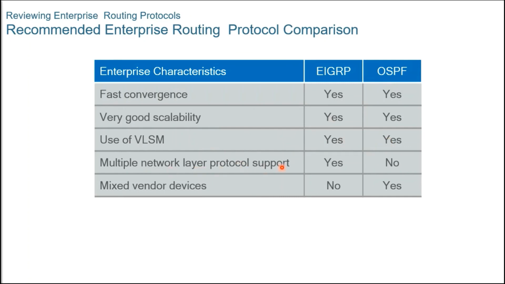Multiple network layer protocol support: EIGRP, yes; OSPF, no. Mixed vendor devices: for OSPF, yes, you can use the OSPF routing protocol on any brand of routers, unlike EIGRP, which is supported only on Cisco equipment. This is proprietary.